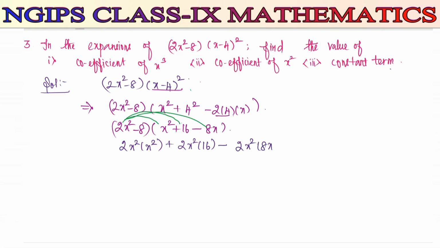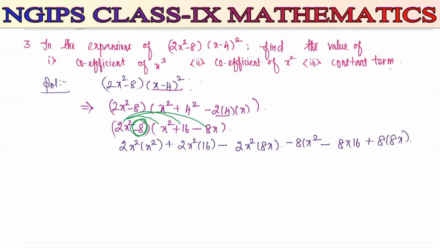Next, take the second term and multiply each and every term. So you will get minus 8 into x square, minus 8 into 16, and minus into minus gives plus 8 into 8x.